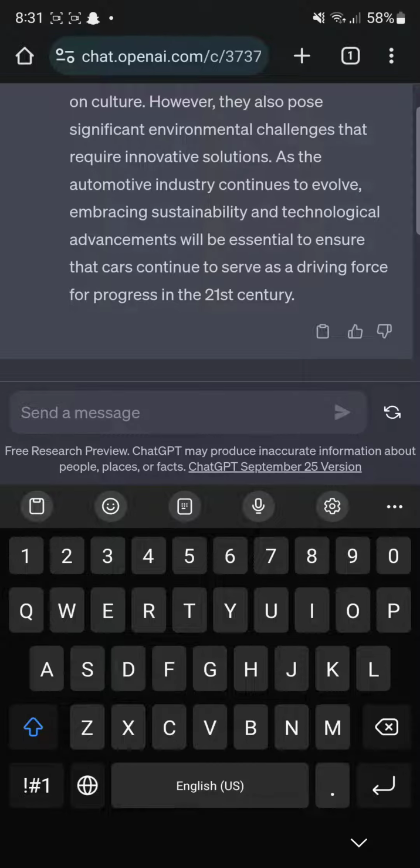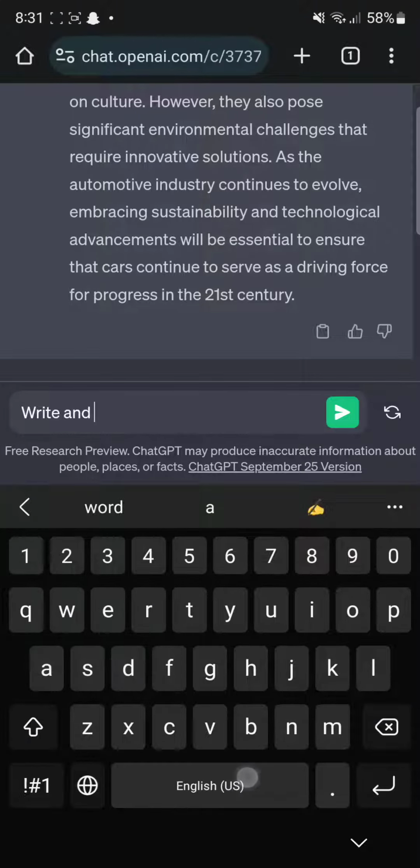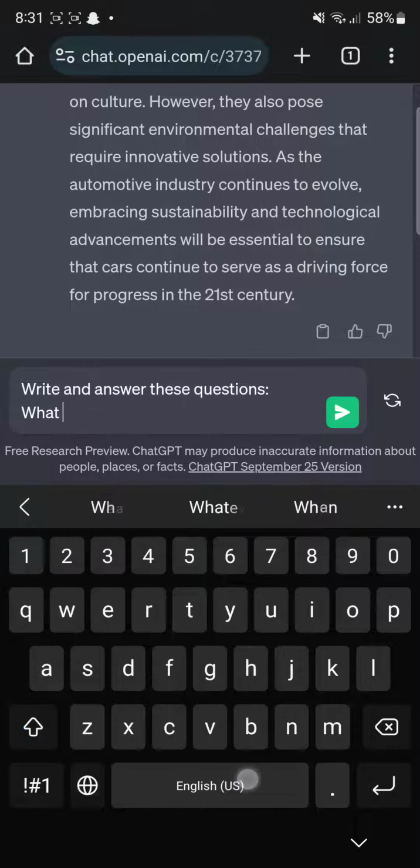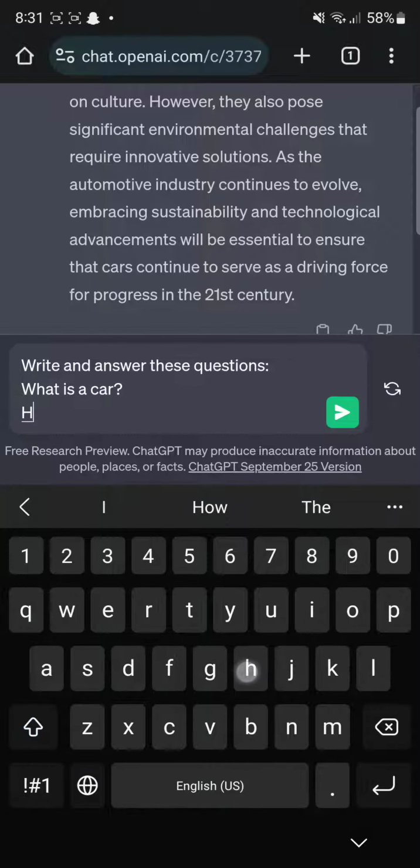Okay. So basically, if I want to write an essay about cars, I'm going to write it like this, and you should copy me. Basically, I'm going to write for ChatGPT: write and answer these questions. Okay. What is a car? How cars move.